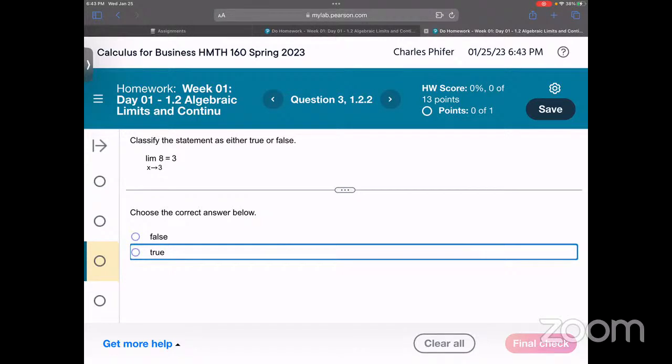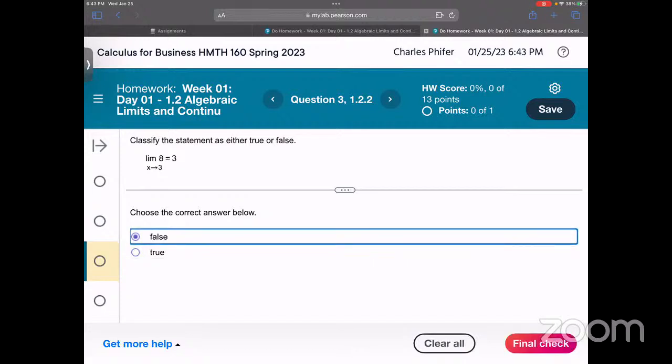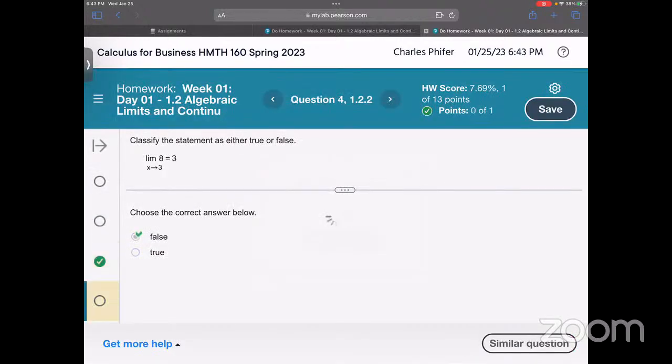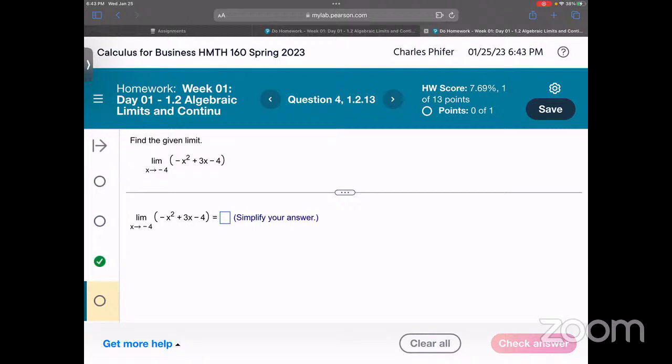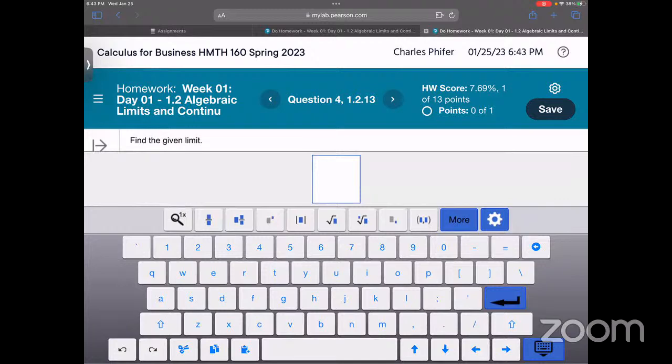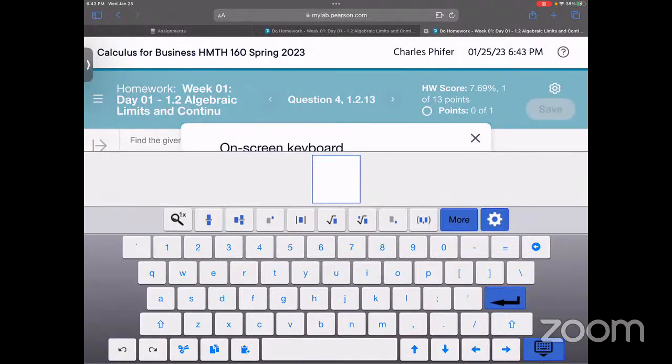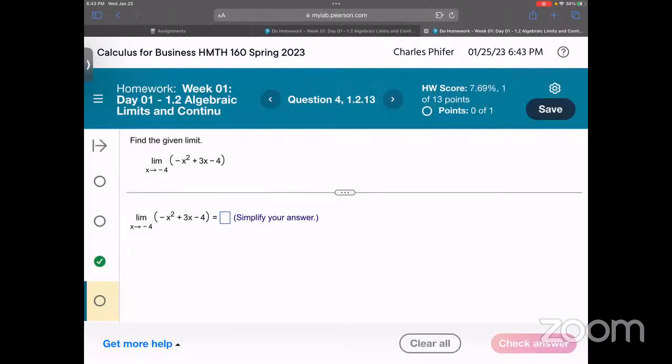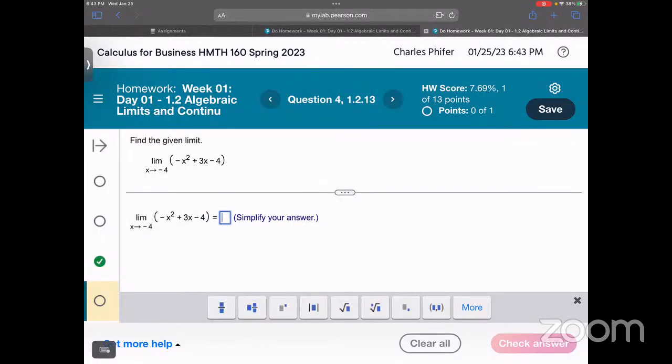Okay, so find the given limit. This is a rational function, right? The -4 is in the domain of the rational function, so you can essentially just substitute and solve. I'm going to take some notes here. If we plug in -4, that's going to give us negative parentheses -4 quantity squared, plus 3 times -4, minus 4, right?